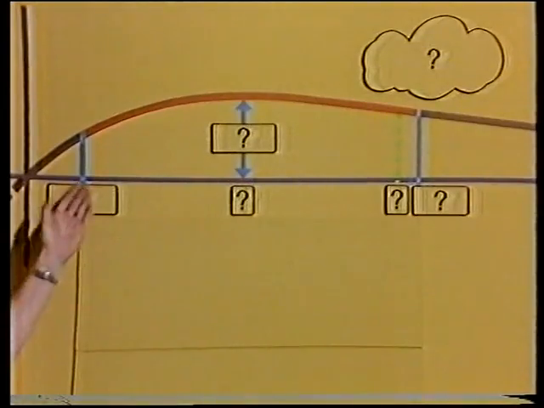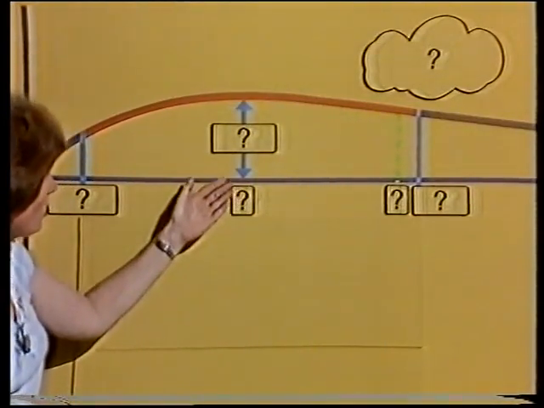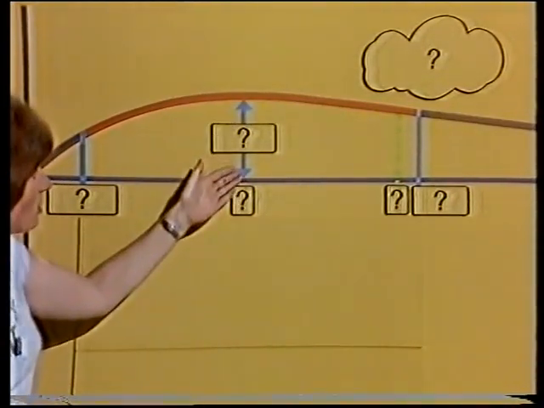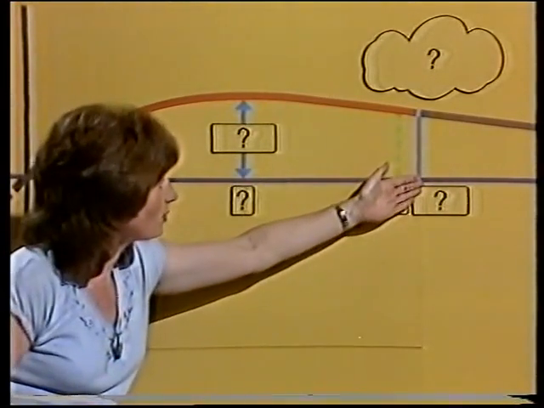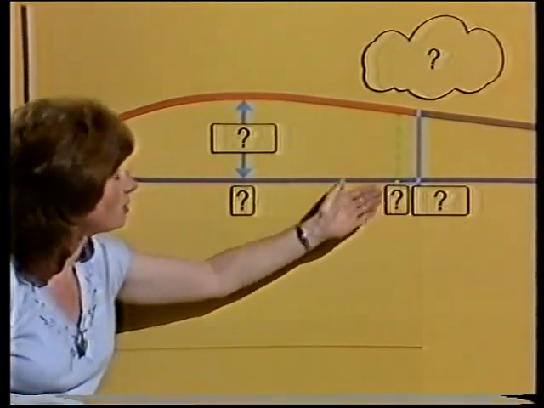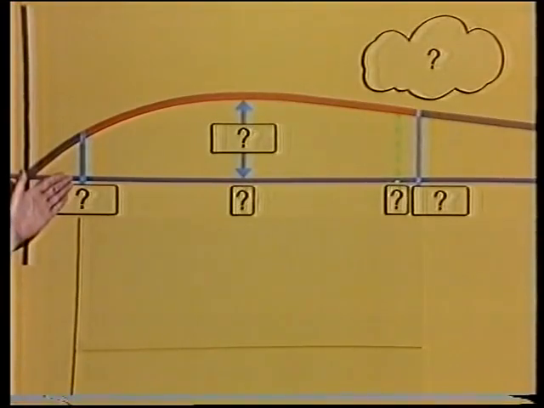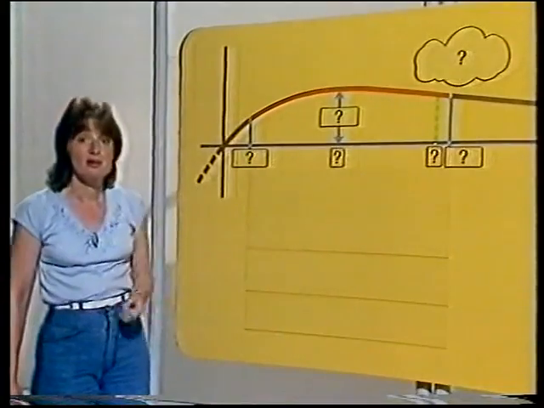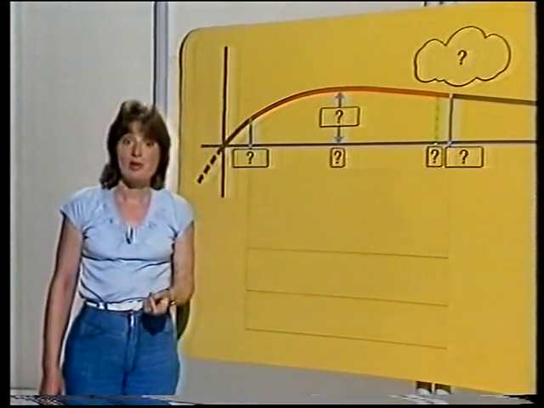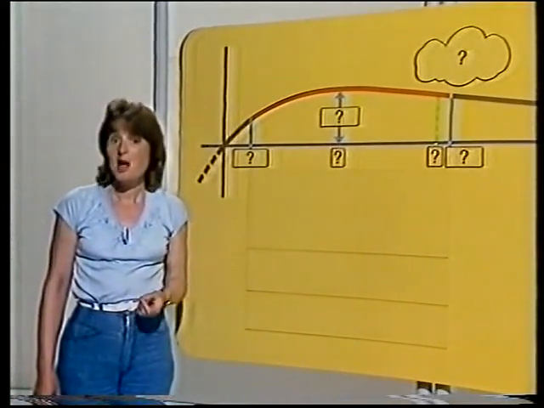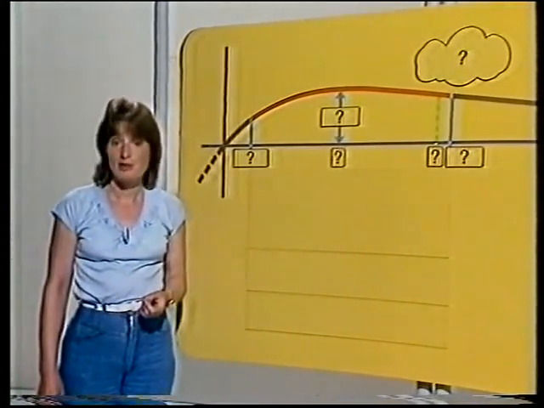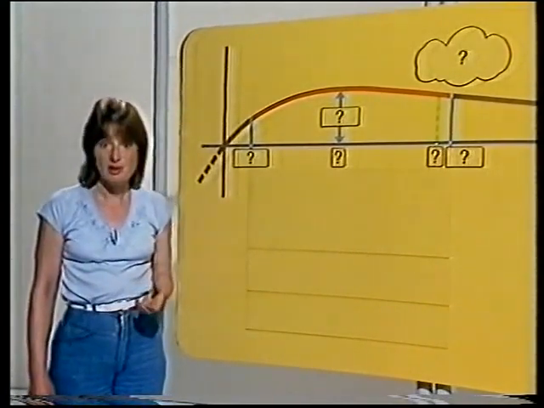Now, what about these dimensions? Here's the widest part of the glass, here's the top of the glass and the mark, and here's the base. We'll be answering these questions later in the programme, but first let's have a look at the curve itself. What is this curve?